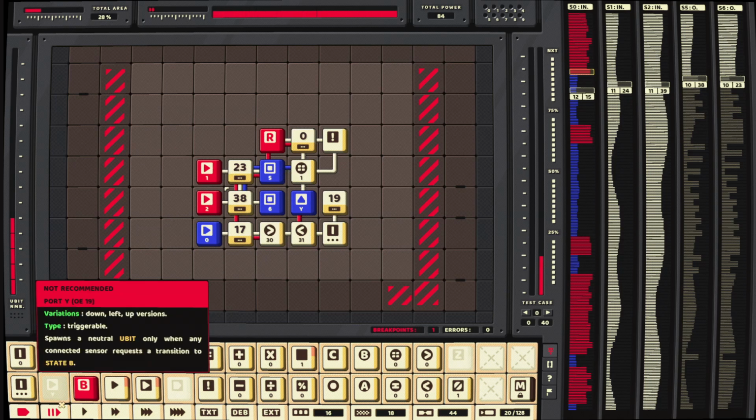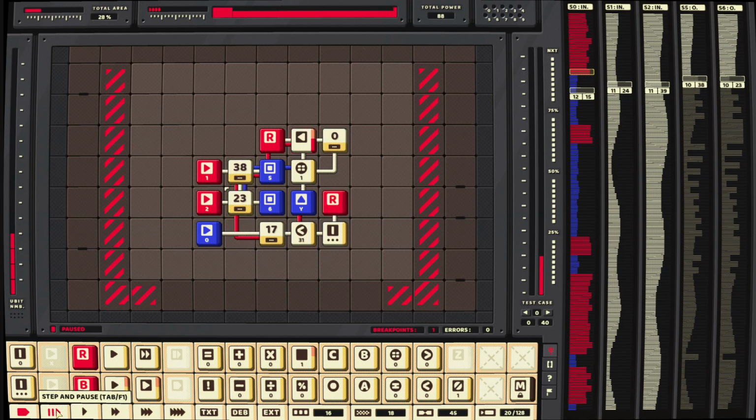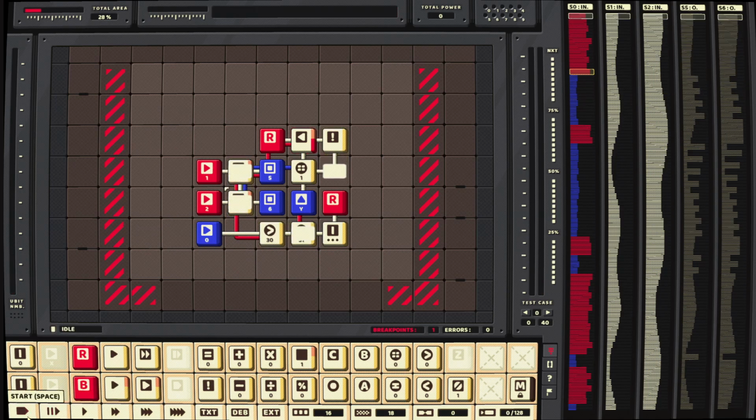So 23 and 38, they swap, that's all good. Now the problem is, and I actually don't even know if it's a problem, right now if I hit, they're going to swap with each other again, and I don't want that.